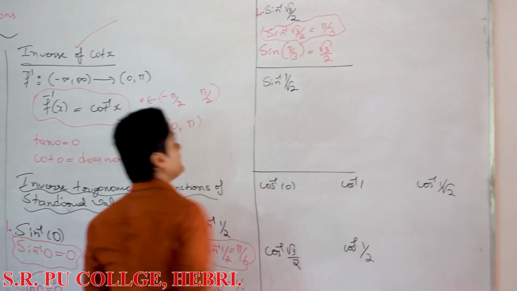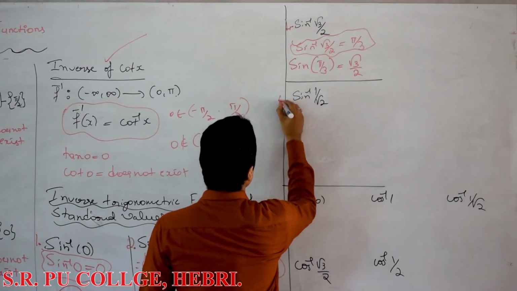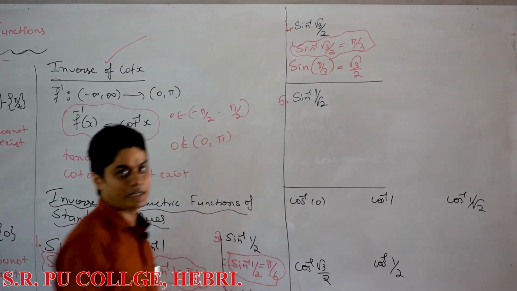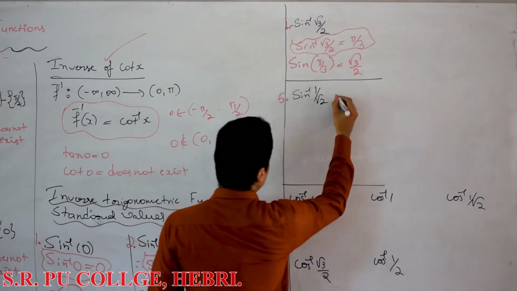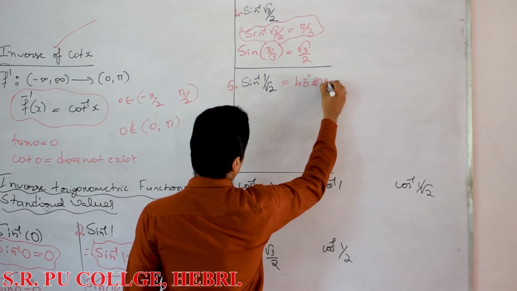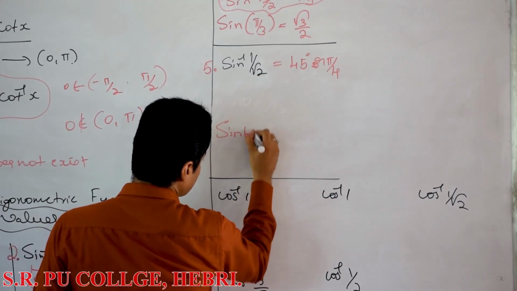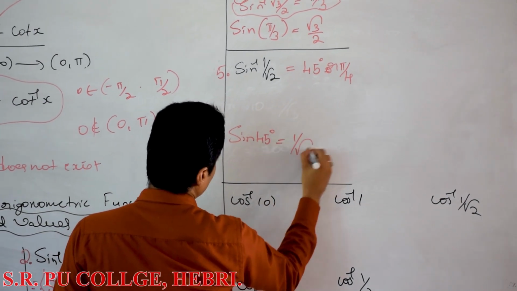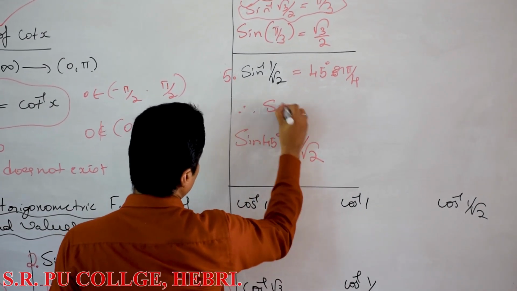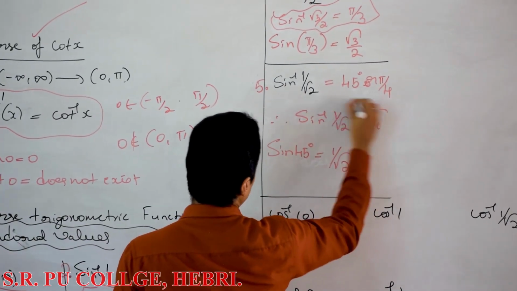So remember, sine inverse of root 3 by 2 is equal to pi by 3. The last one, sine inverse of 1 by root 2. Now you definitely can answer, yes, it is nothing but 45 degree or pi by 4. How you can answer this? Because you know that sine 45 degree is equal to 1 by root 2. Therefore, sine inverse of 1 by root 2 is equal to pi by 4.